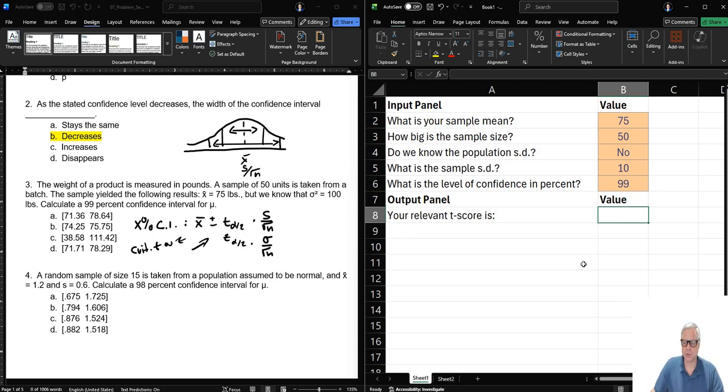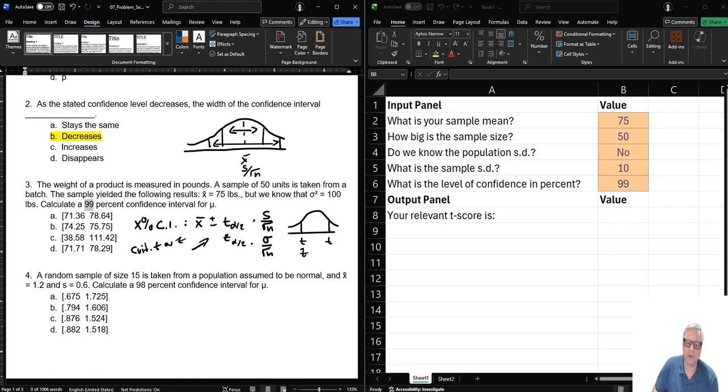Okay, so now we can determine whether it's a t-score or a z-score and identify the relevant one. And again, remember the alpha half: if you want to have a 99% confidence interval, we have to find either the relevant t or the relevant z, to whose left or to whose right we then have 0.5% probability.